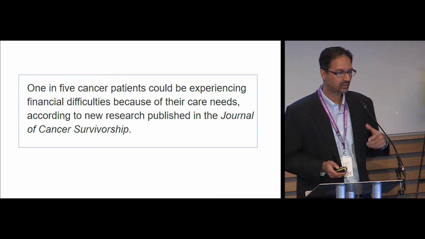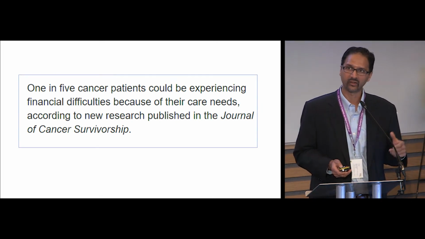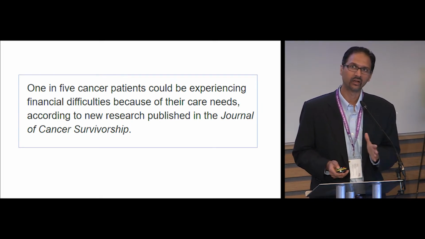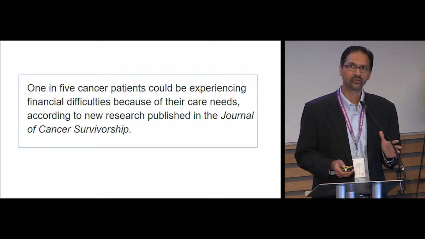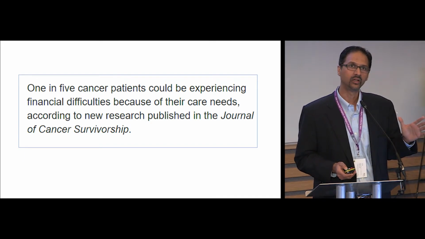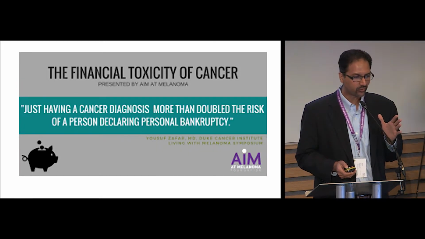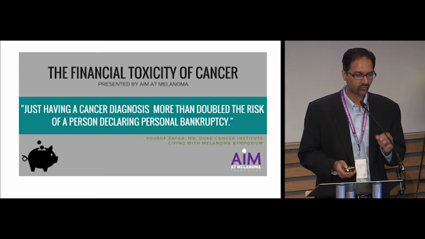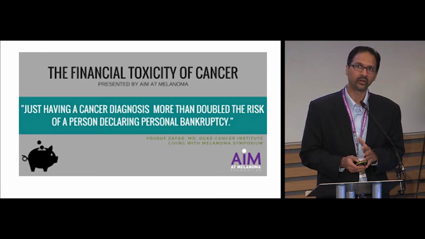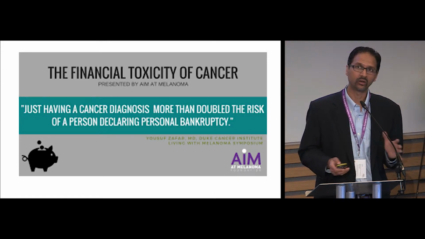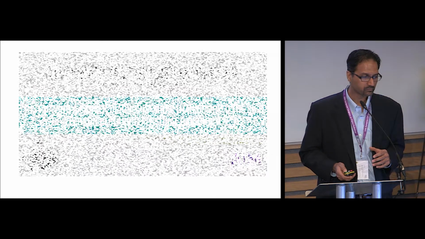And the issue of financial toxicity, financial difficulty, is really getting a lot more coverage. So as we've talked about treatment toxicity, the issue of financial toxicity is being recognized more and more as a real significant issue. Something like 60% of cancer patients may end up going completely bankrupt on account of a cancer diagnosis.